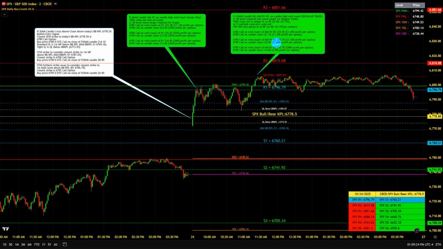So if you do happen to get stopped out on those remaining runners, and we don't get a further significant move in the direction that you're trading, then at least you got out the majority of the profit on the overall position because you closed out 70 to 90% of the multiple contracts.